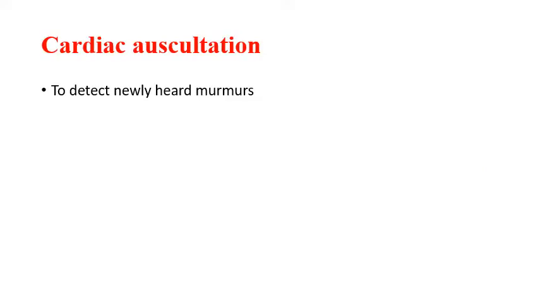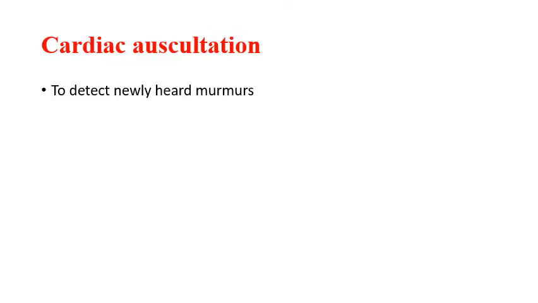Finally, you have to auscultate the heart, cardiac auscultation, to detect if there are newly heard murmurs or not. If you find there is a newly heard murmur, first you have to close the AV fistula by your hand. If you still hear the murmur, so this is newly formed over the heart and you have to do an echo to find its cause.